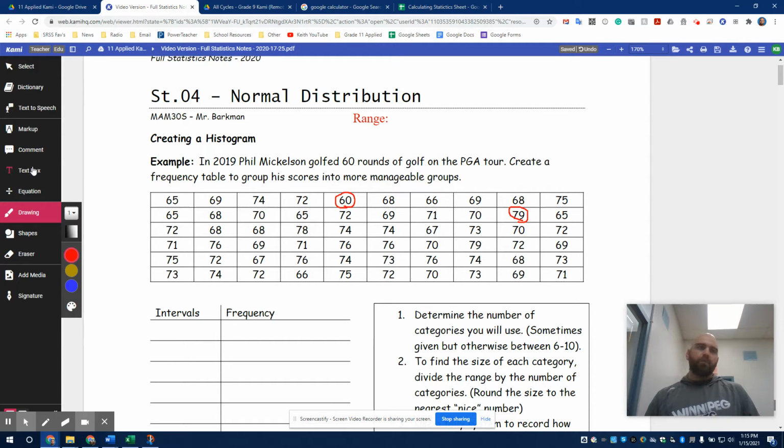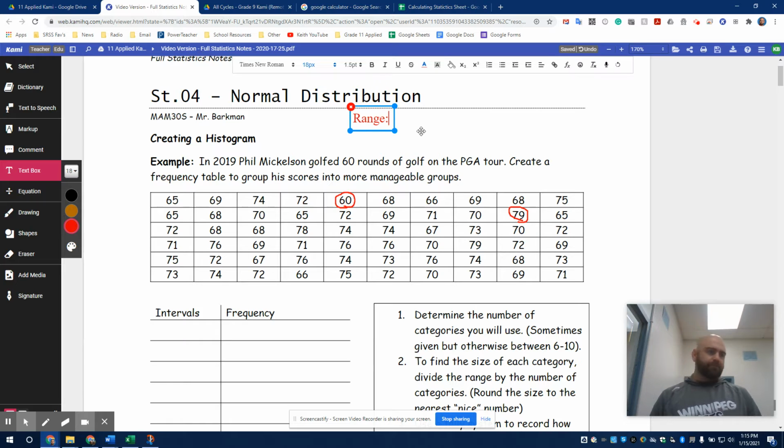The range is the largest minus the smallest value.